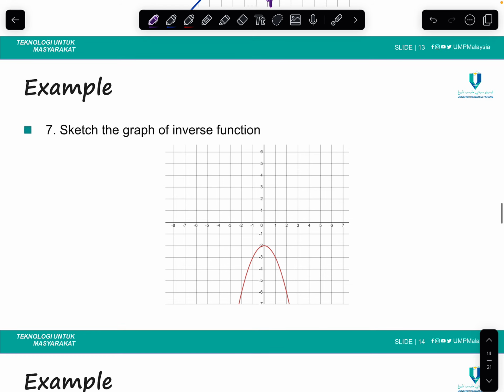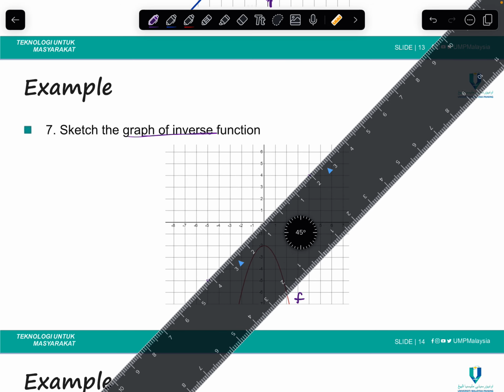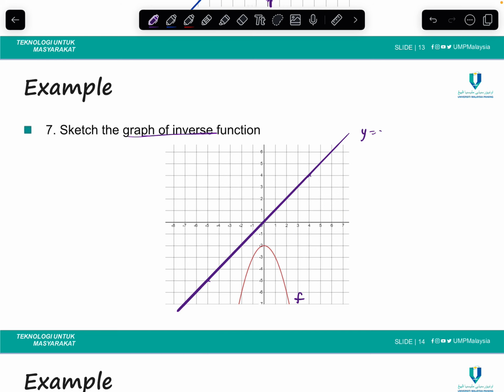Now let's look at number 7. This is the graph of f. Since f and f inverse are symmetric about the line y equal to x, you must draw y equal to x first. Take a ruler to make a straight line, and it must be 45 degrees. In order to sketch the corresponding reflection, we can count the number of boxes to guide us.